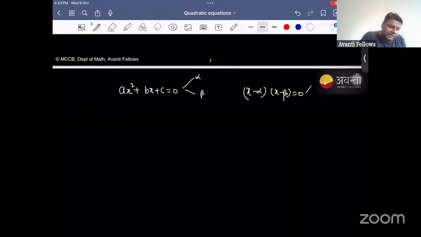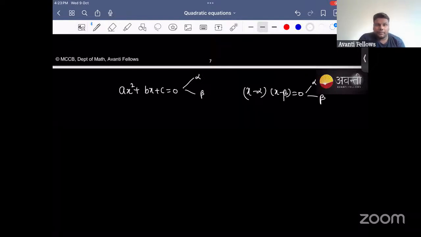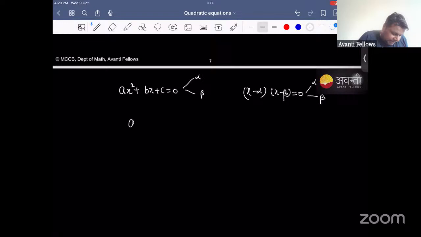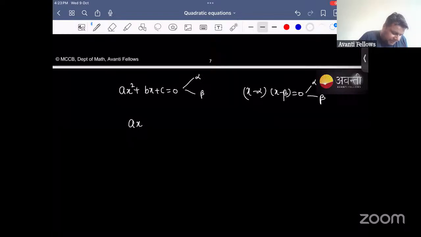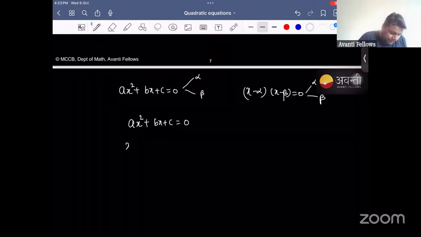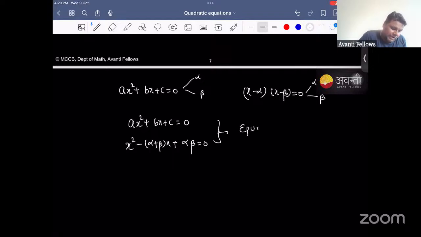Now definitely its roots are alpha and beta, that is quite visible to us. That means this ax square plus bx plus c equals 0 and x square minus (alpha plus beta) x plus alpha beta equals 0 are equivalent quadratics, or I should say the same quadratic, as simple as that.